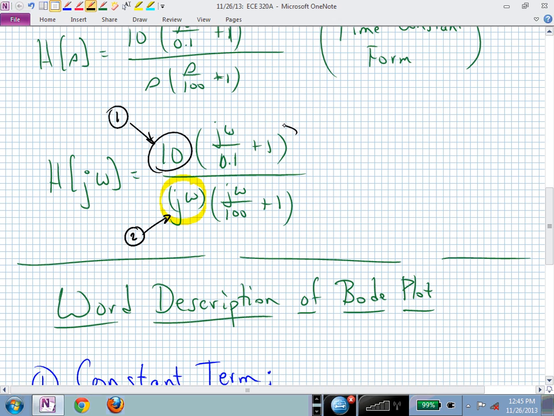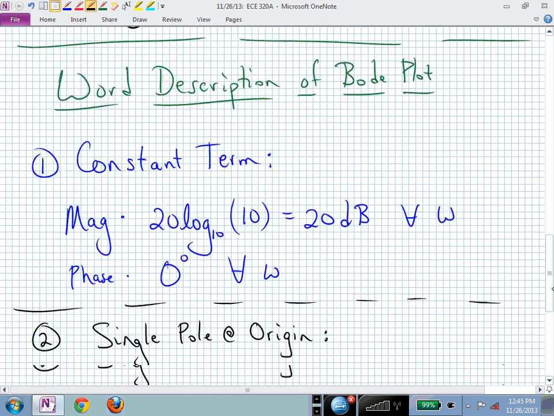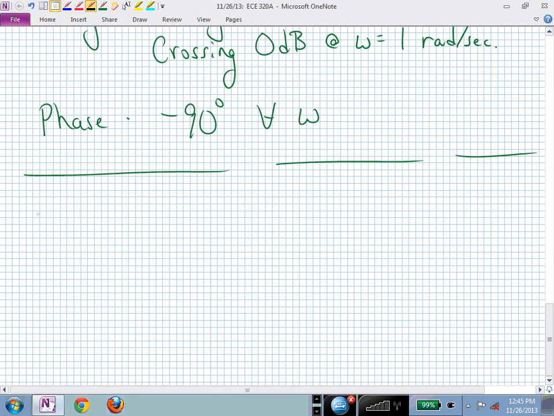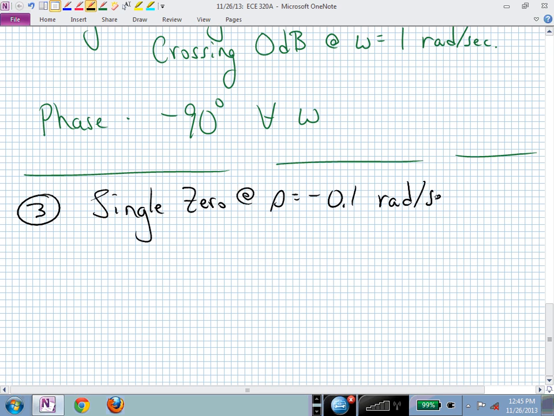So this is now the next factor that we'll consider. That's the zero, the single zero, or the linear zero. Let's say that's now factor 3. That's this single zero at s equal to minus 0.1 radian per second.